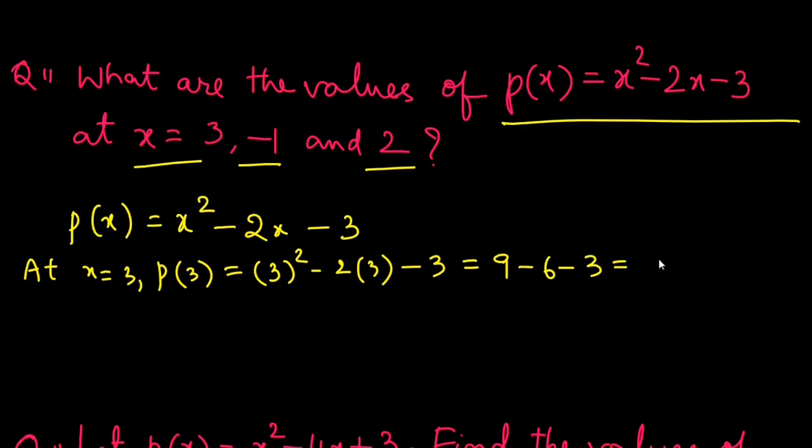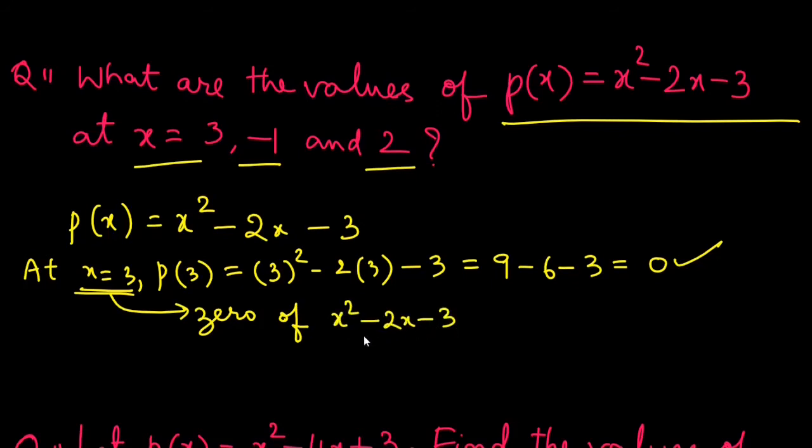So this is 0. The value of the polynomial is 0. So at this place, the value of x is called 0 of the polynomial. This is 0 of x square minus 2x minus 3.